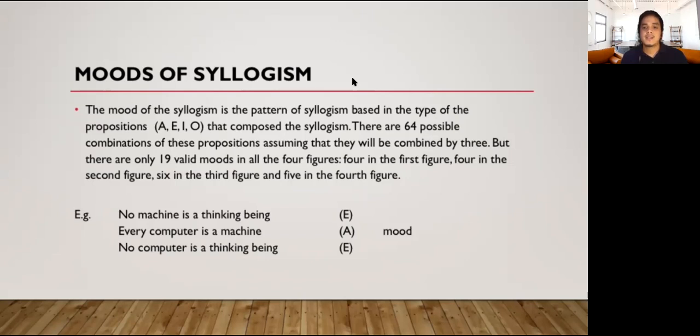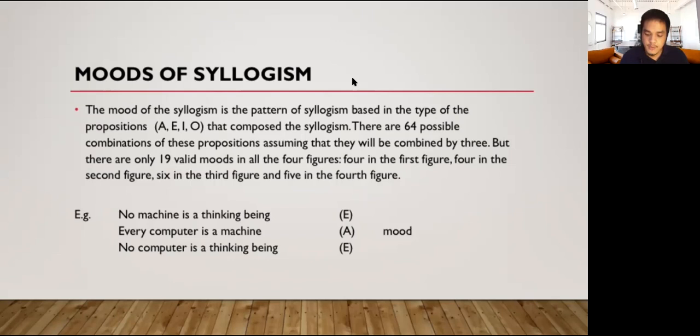Now, there are 64 possible combinations of these propositions, assuming that they will be combined by three. There are 64 combinations, but only 19 are valid. Not all possible combinations in the syllogism can be formed.